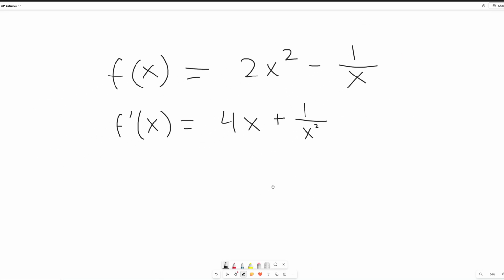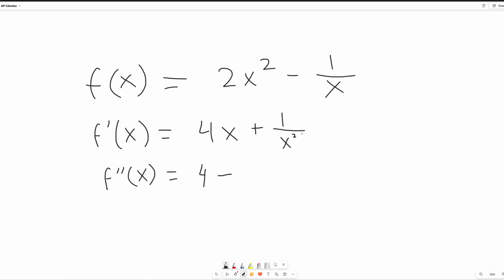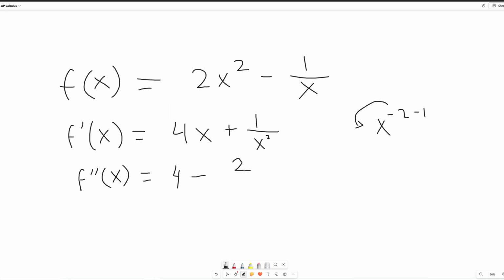Okay, now let's take it again. The double derivative, second derivative, whatever you want to call it, 4 minus, because if we have x to the negative 2, we bring the negative 2 over, subtract 1. So we have minus 2 over x to the 3.